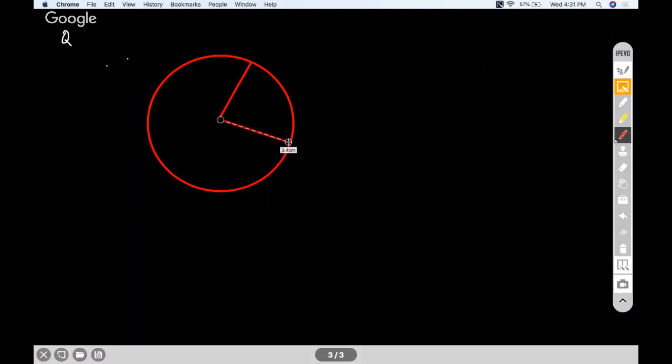So this is the sector of radius r, and this arc is arc AB, and the angle subtended by this arc AB at the center is beta radians.